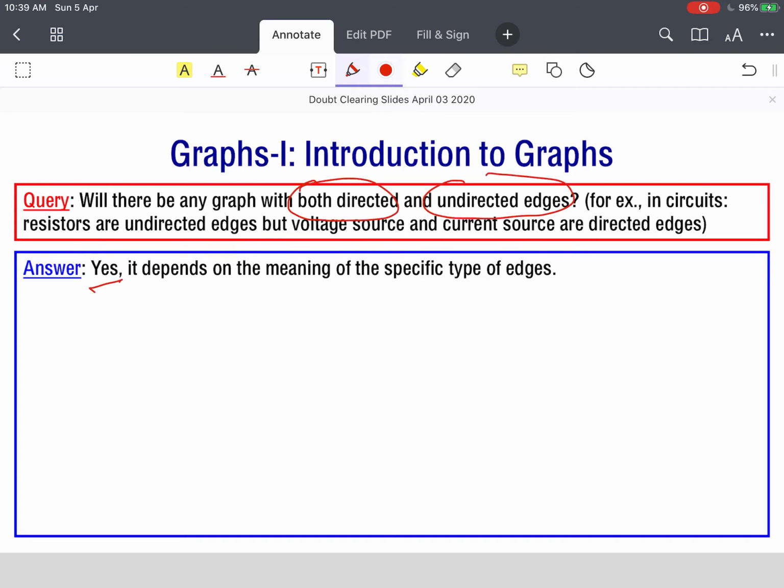The question is, could there be a graph with both directed and undirected edges? Yes. The example that you have given yourself, about voltage source and current source being directed edges and resistances being undirected edges, is correct. In general, the edge could have multiple relationships. So there could be multiple edge types in a single graph.